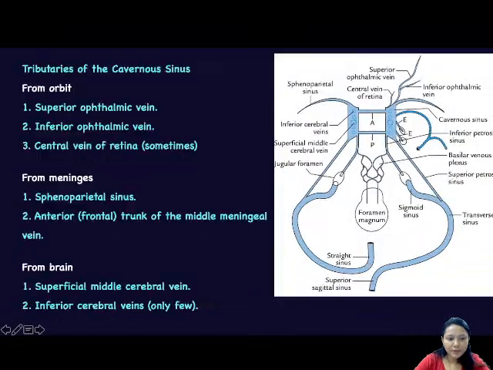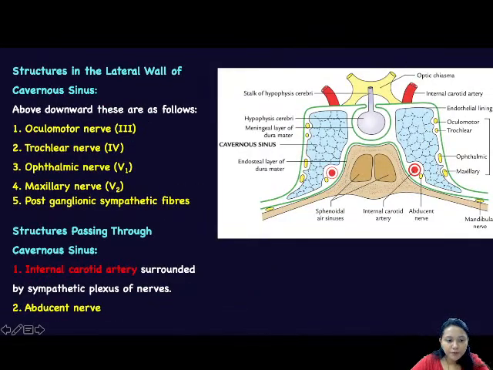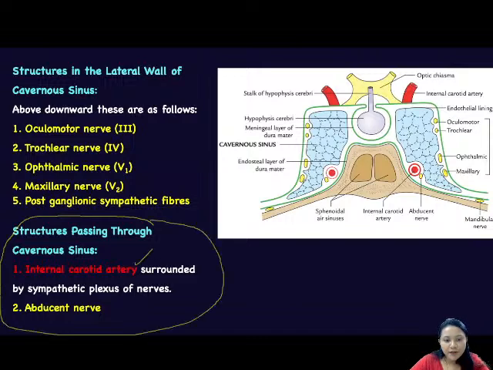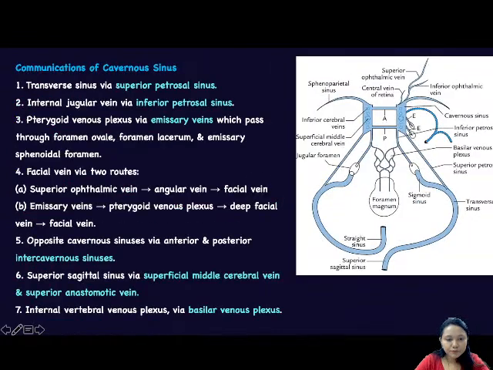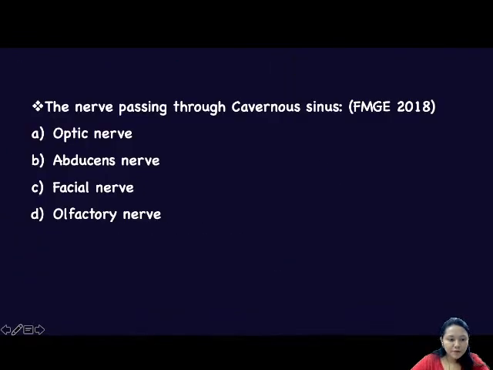We just studied it here. Among this entire thing, the internal carotid artery, the sympathetic plexus surrounding it, and the abducens nerve, the answer will be the abducens nerve.